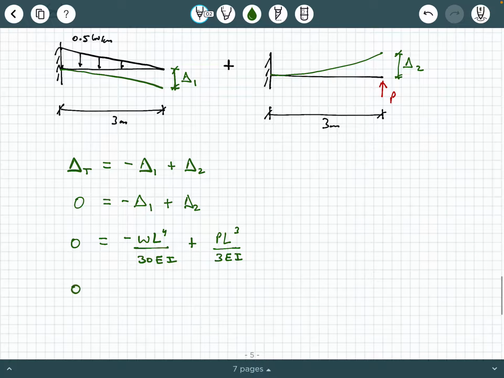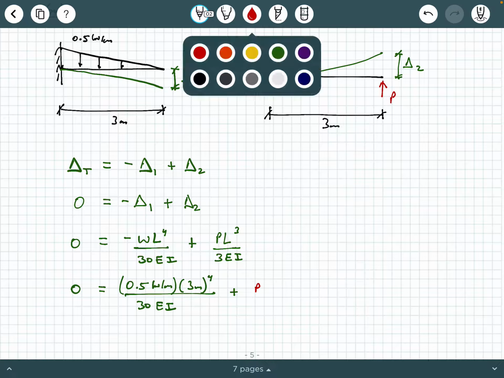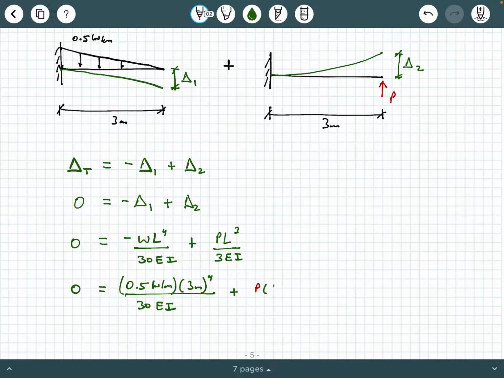We're going to say 0 equals negative 0.5 kilonewtons per meter times 3 meters to the 4th power divided by 30 EI, plus, here's our red P, times 3 meters cubed over 3 EI.